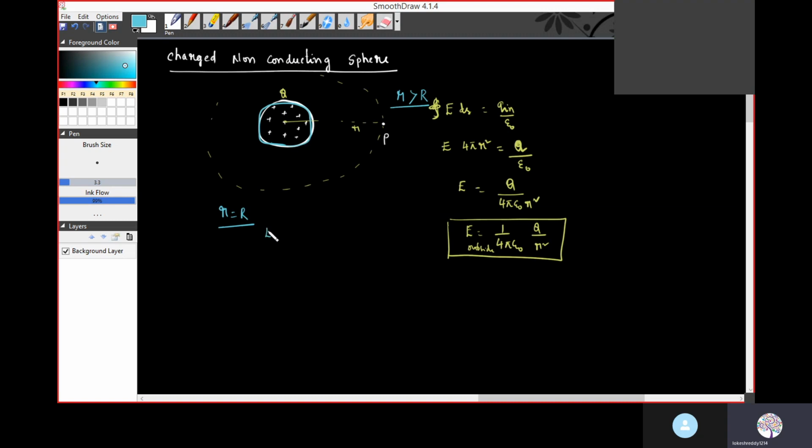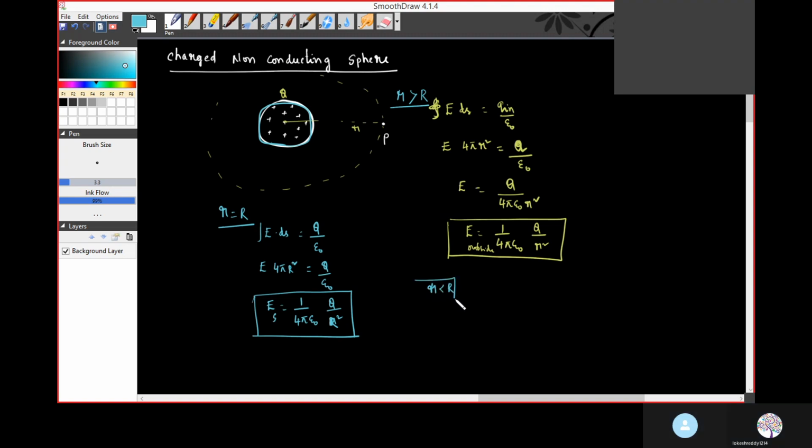So E into 4 pi R square is q by epsilon naught. So E is equal to 1 by 4 pi epsilon naught q by capital R square. This is E on the surface.